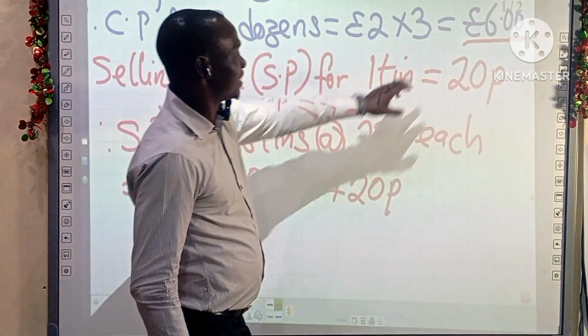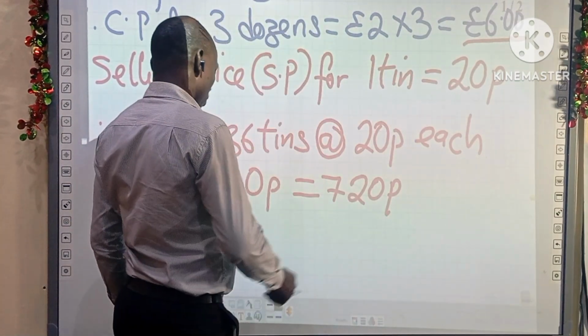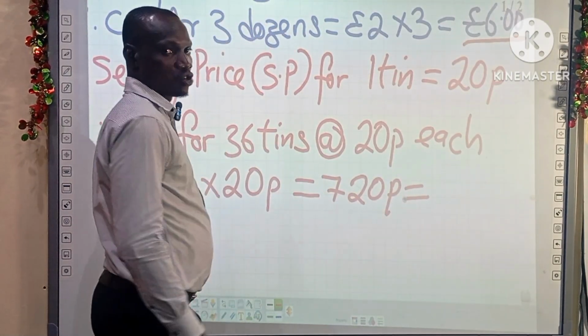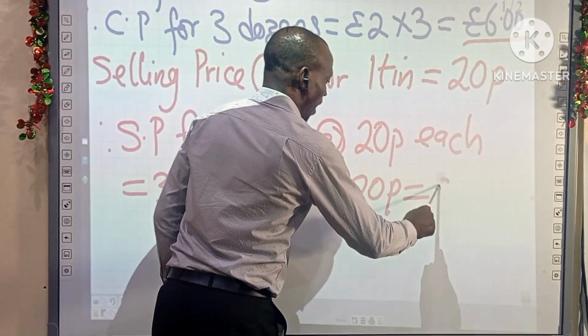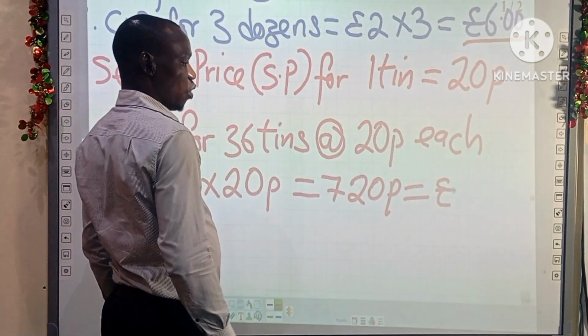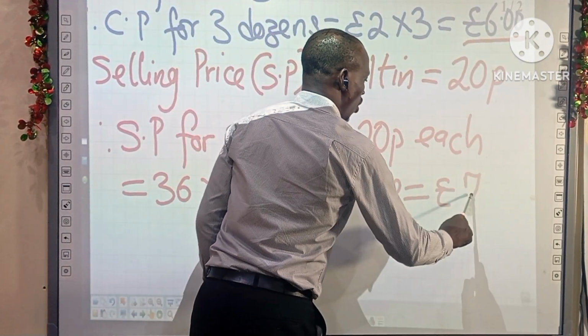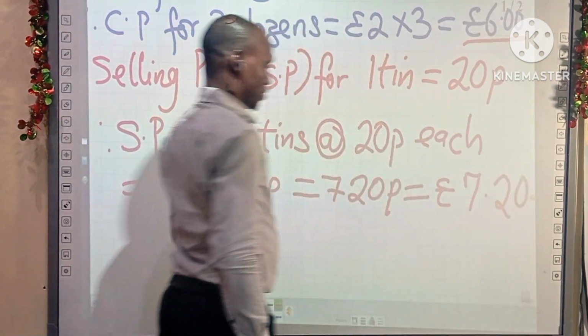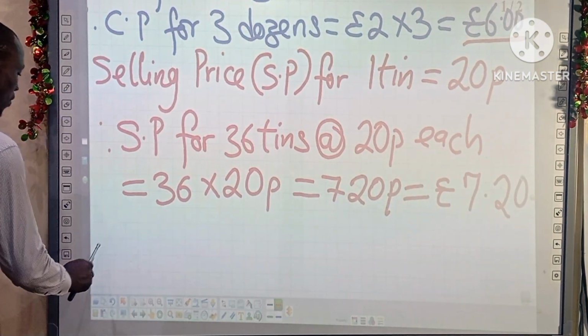Now they are not in the same unit, so the first thing we must do is to change the 720 pence to pounds. Changing it to pounds, we simply move the decimal point 2 steps backward. So it gives us 7 pounds 20 pence.